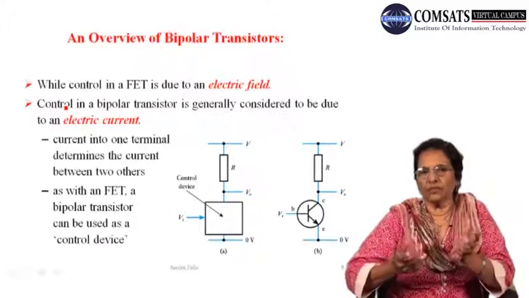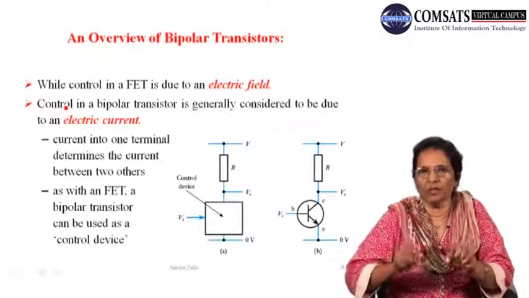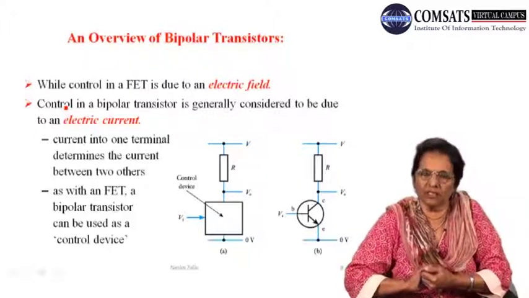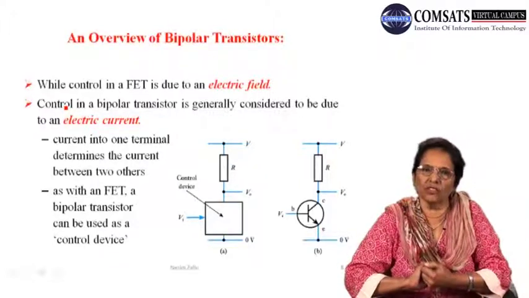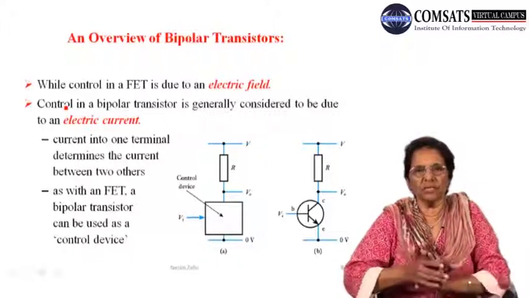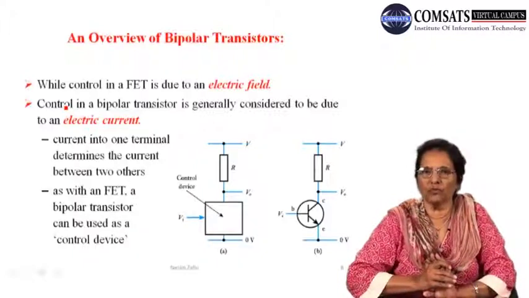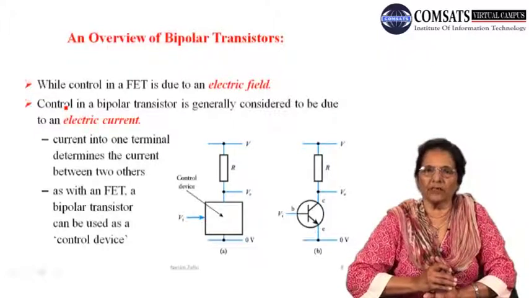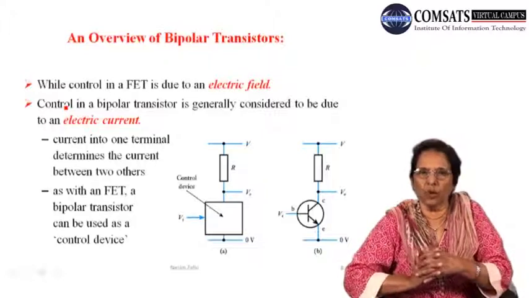In our previous lecture, on the first part of the discussion on bipolar junction transistor, if you remember, I mentioned that there are three common modes of biasing, that is three common configurations which we use for the transistors to operate.